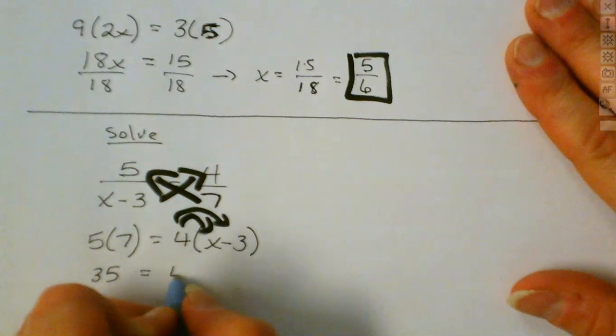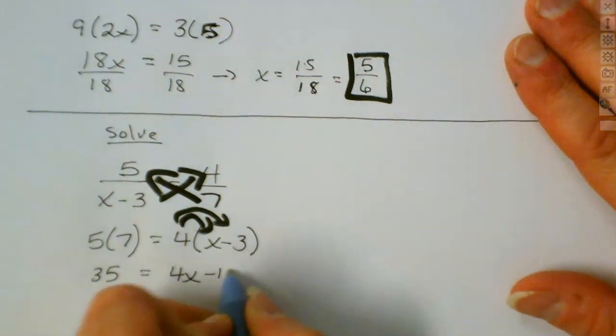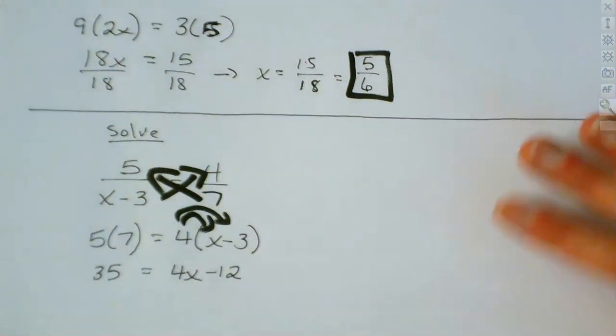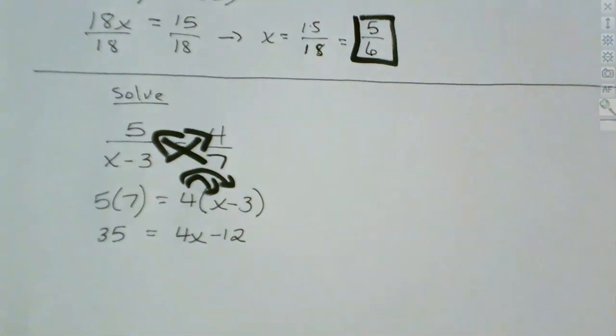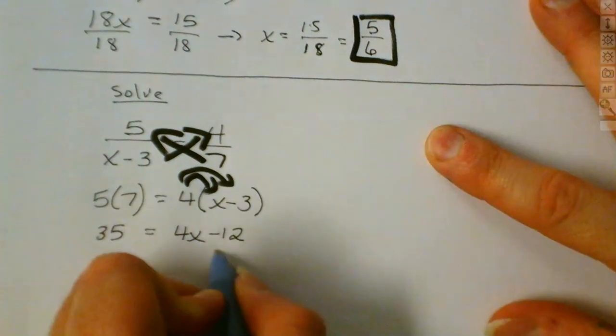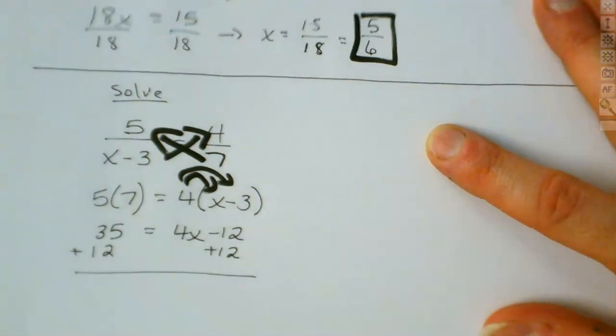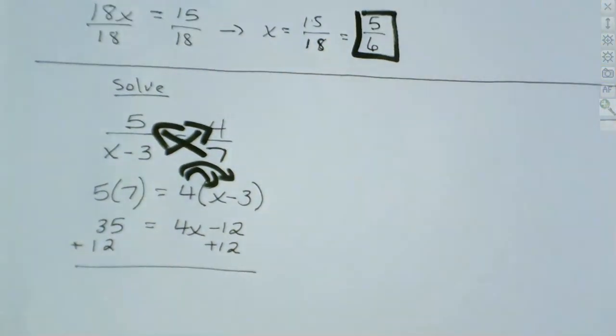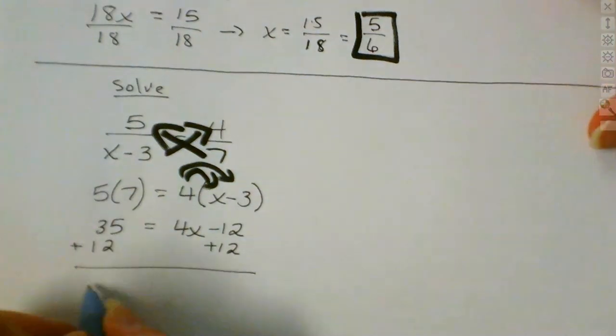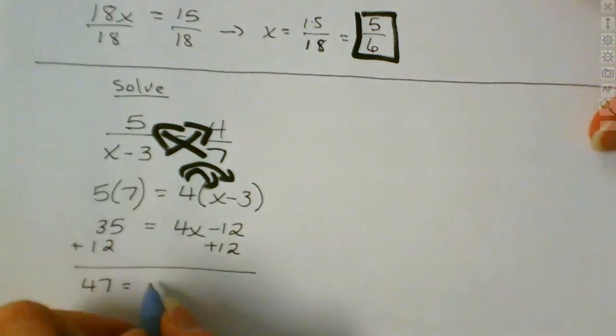And so that is 4x minus 12. We need to get the x by itself, so I'm going to add 12 to each side. And 35 plus 12, that should make it a 47, doesn't it? Okay, 47 equals that 4x.